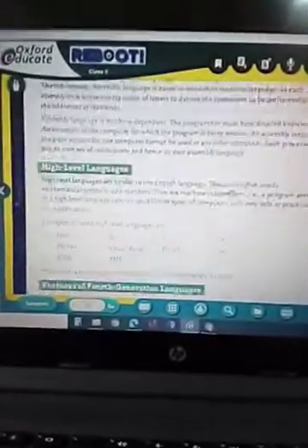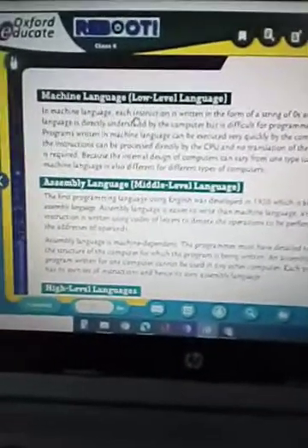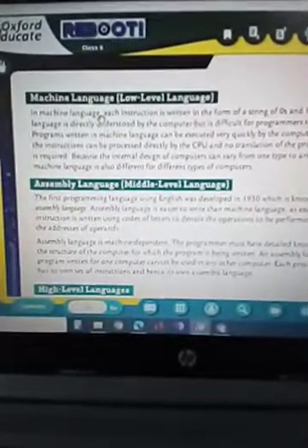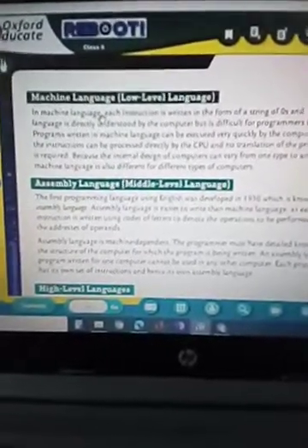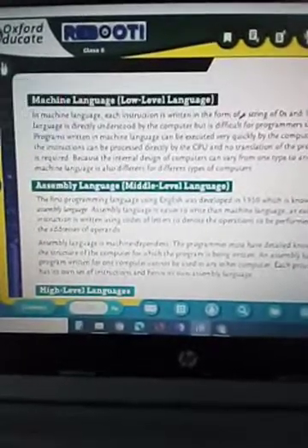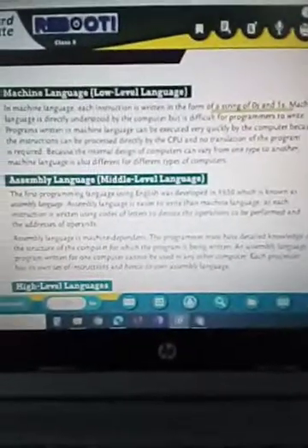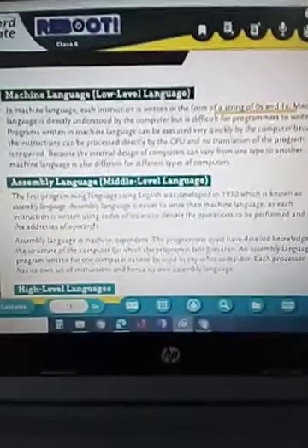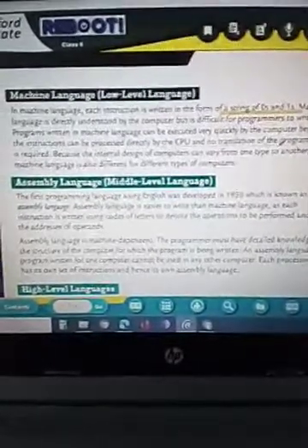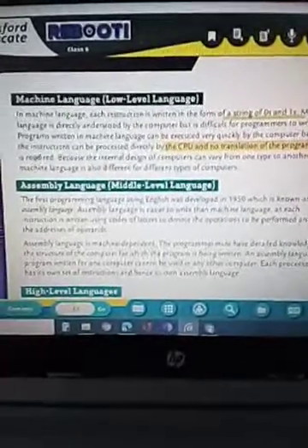There are three types of languages: machine language, assembly language, and high-level language. Machine language, please underline: string of zeros and ones. Underline: directly by CPU, and no translation of program is required.